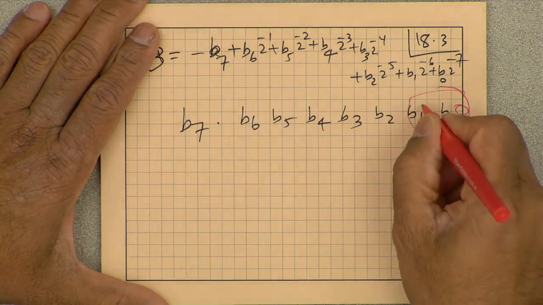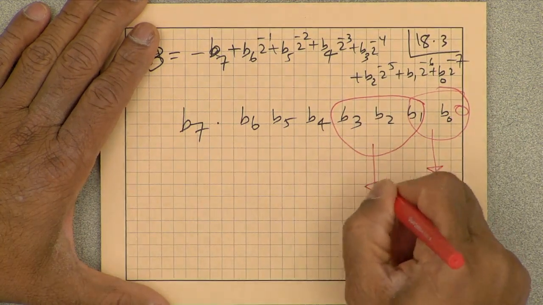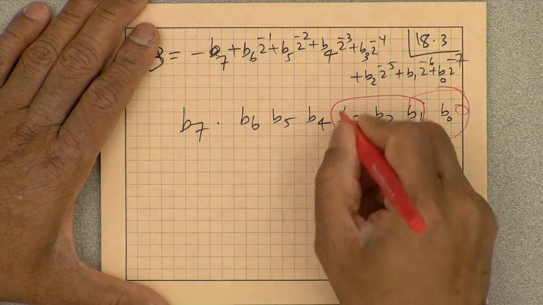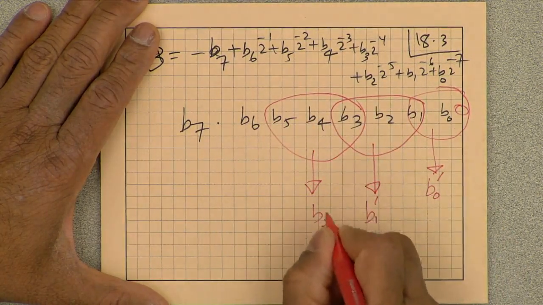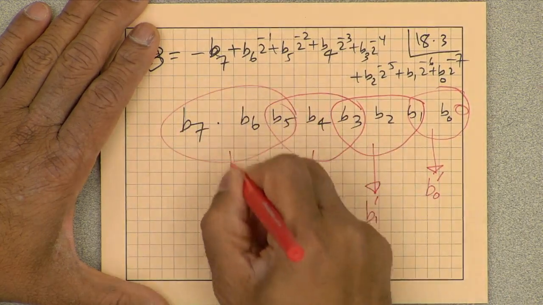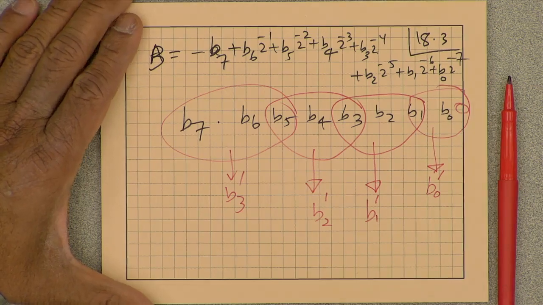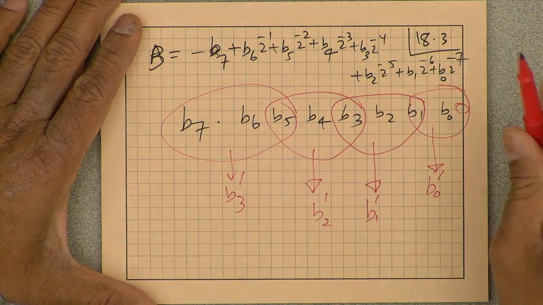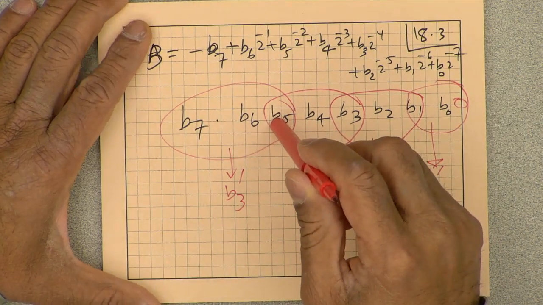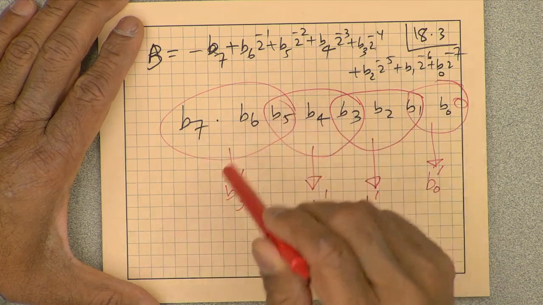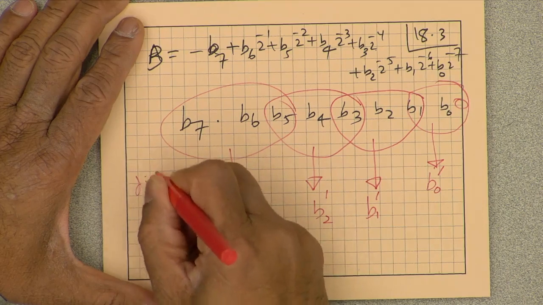Then I take B1 from the previous group and the next 2 bits, and call that B1 prime. I take B3 from the previous one, group it with the 2 new bits and call that B2 prime. I take B5 with 2 new bits and call that B3 prime. That's what modified Booth recoding does: it encodes 3 bits to a digit. So these B primes are called digits.